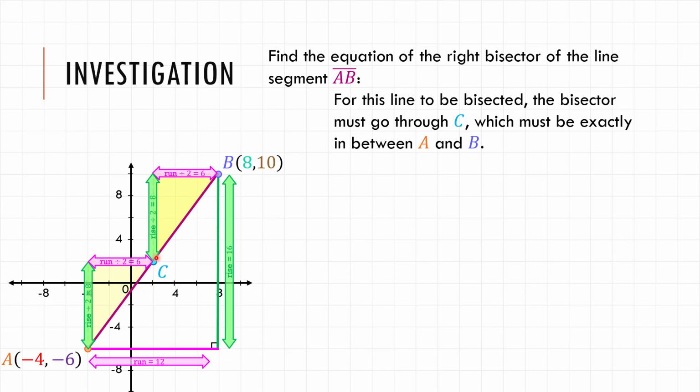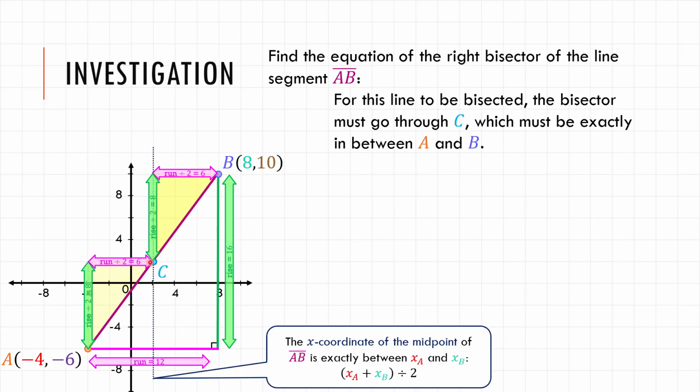The learning that I might take away is, for this point, the x-coordinate always has to be exactly between the x-coordinates of the two endpoints. So if I add up 8 and -4 and divide that by 2, I'll be finding the average between those two numbers, and that gives me this number right here, which is 2. I can do something similar for y.